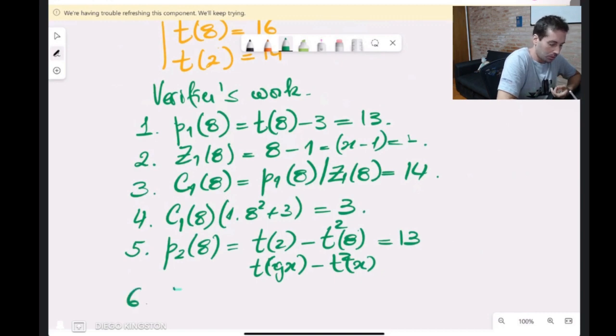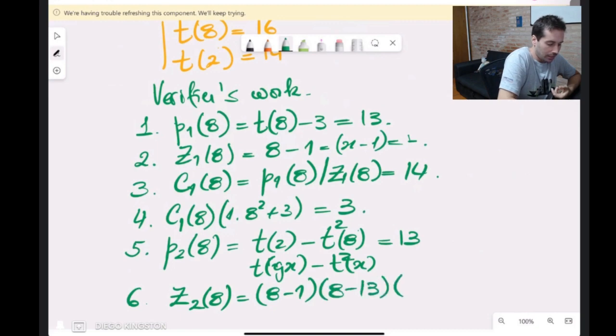Then, of course, we can evaluate the verifier at 8, which is 8 minus 1, 8 minus 13, 8 minus 16, and that gives us 8.